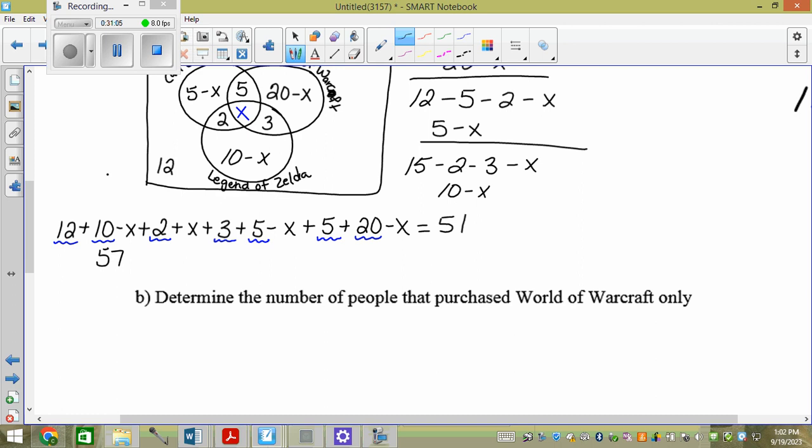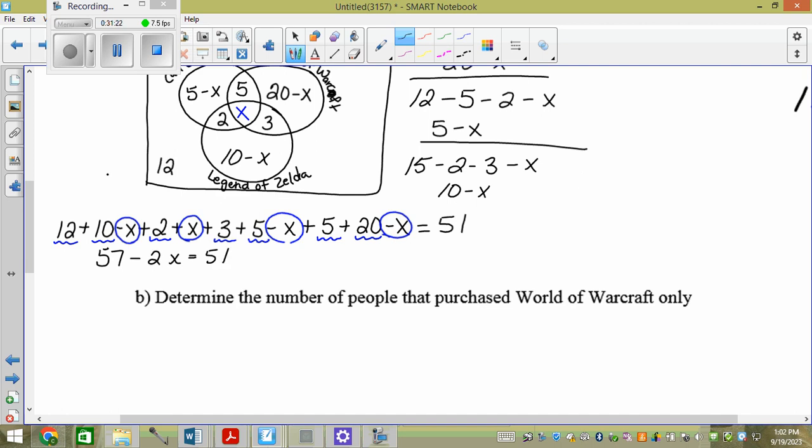And then I put together my x's. So I get a negative x plus an x. What happens? They cancel. And then I get a negative x minus x. So I get a negative 2x plus 57 equals 51.